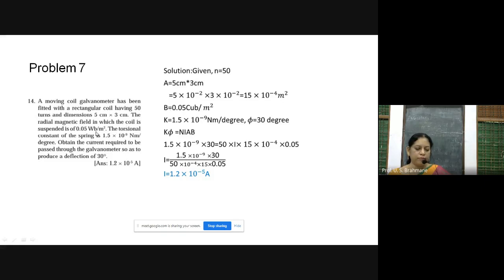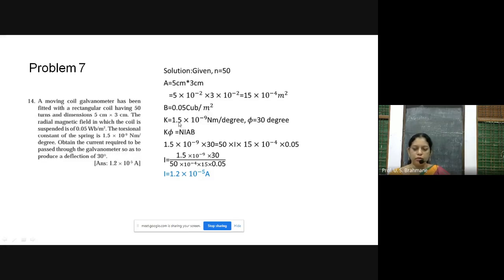Then is B. B is equal to 0.05. Actually, this is by mistake, this is Wb, that is Weber per meter square. For magnetic field the unit is Tesla, and also Weber per meter square. And K is given, that is the torsional constant of the spring.